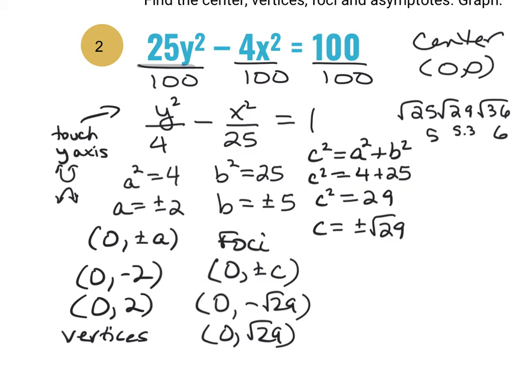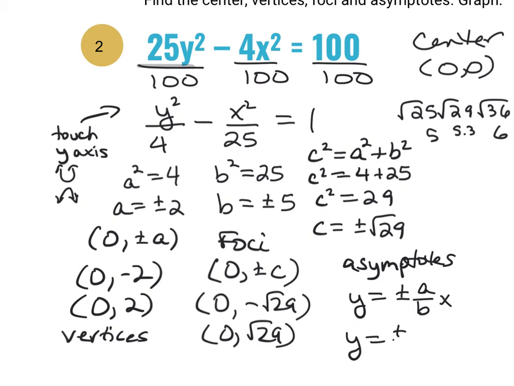For my asymptotes, you're going to memorize that when it touches the y-axis, the asymptote is plus and minus a over b x. So here my a value is 2 and my b value is 5.